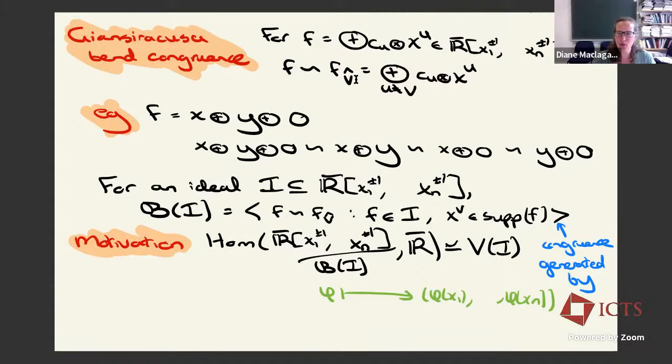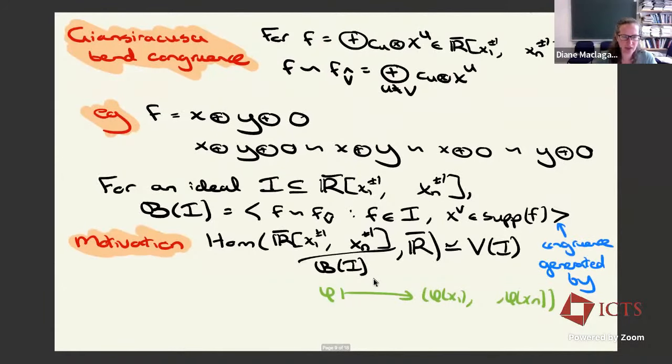That means f of w has to equal f of v hat of w, which means that the minimum must have been achieved at least twice, since the minimum was not achieved uniquely at x to the v in f. So the idea is that I recover the variety from the bend congruence. This bend congruence knows about the variety. That's the point of this definition.